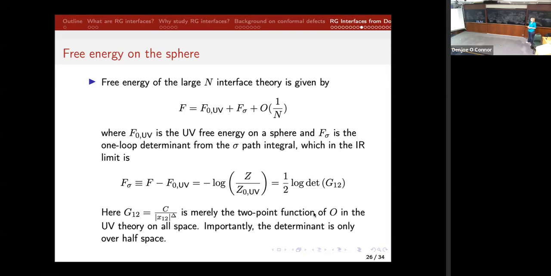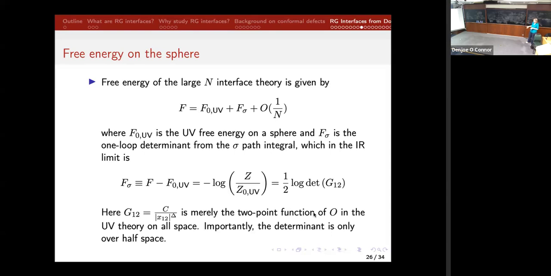So this F sigma is basically 1/2 log det of G12, where G12 is just the 2-point function of O in the UV theory on all space.